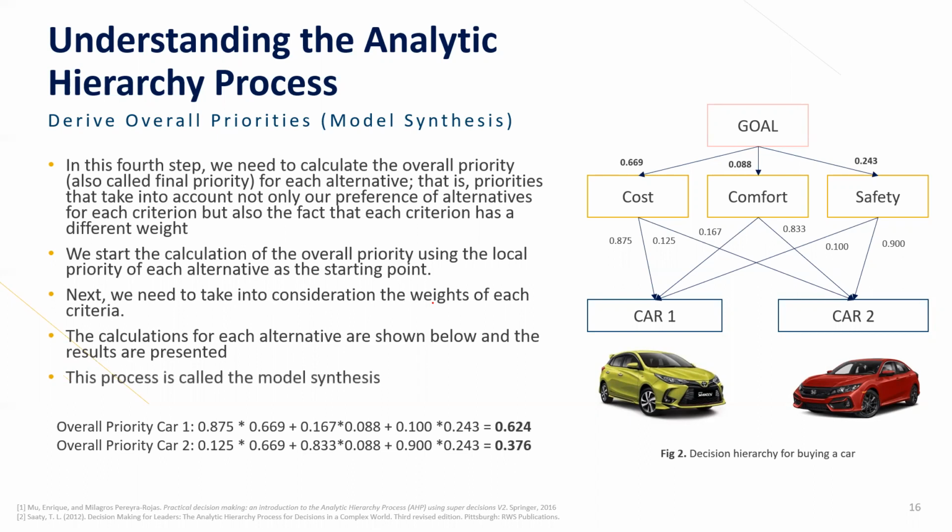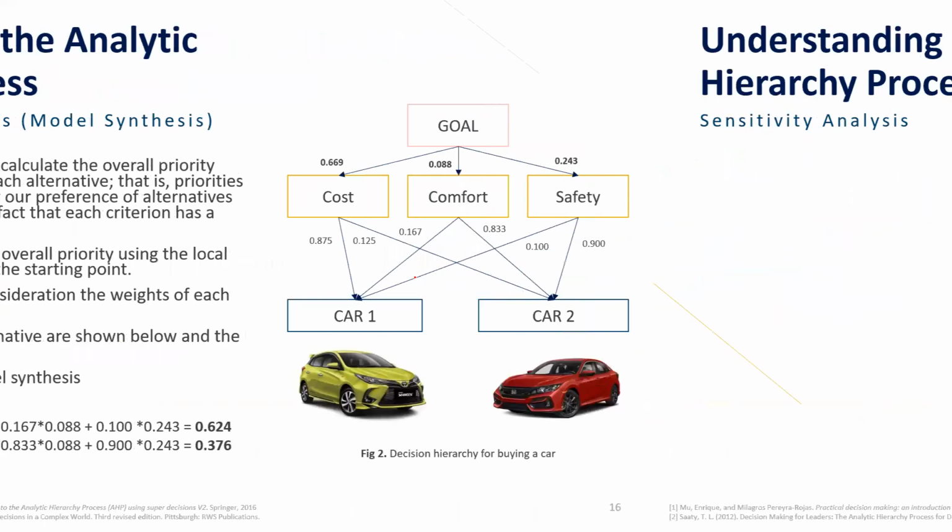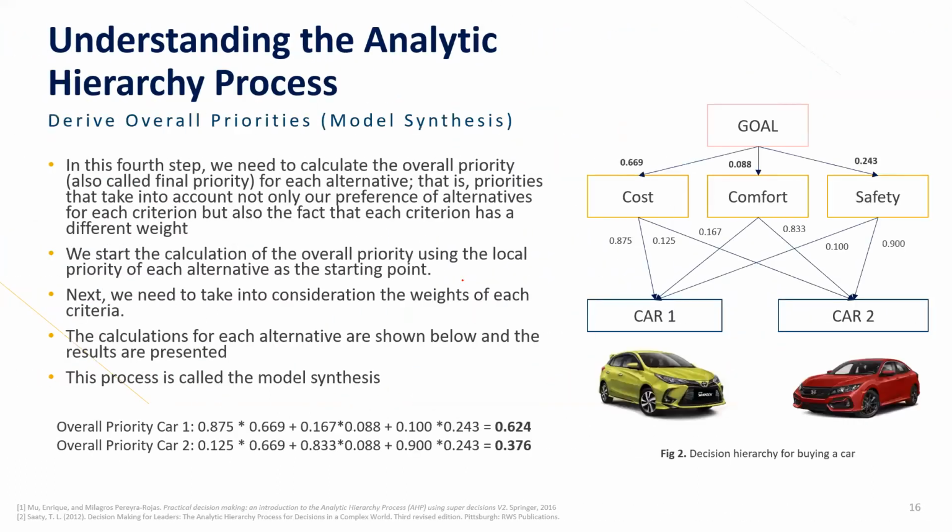Okay, the process of model synthesis is like this. For each alternative, you need to calculate a score, or overall priority. How do you calculate the score? You multiply the criteria factor with the priority that you gave for those alternatives.